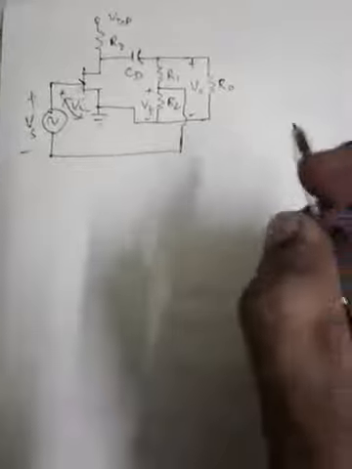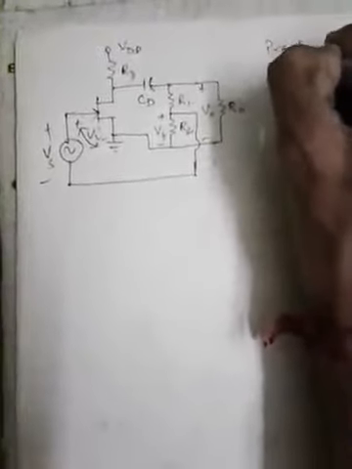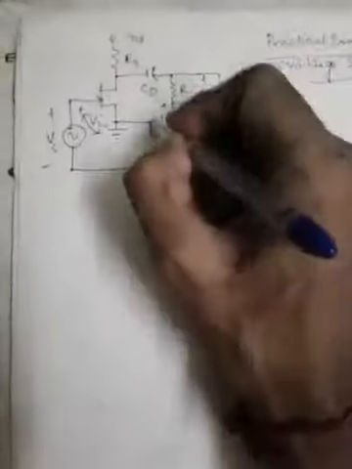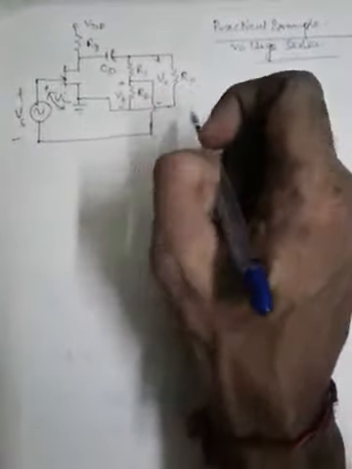Now let us see some practical examples of the application of the feedback amplifier topologies. First, let us see the practical example for the application of voltage series feedback, and consider the given FET amplifier where the voltage series feedback is being used.